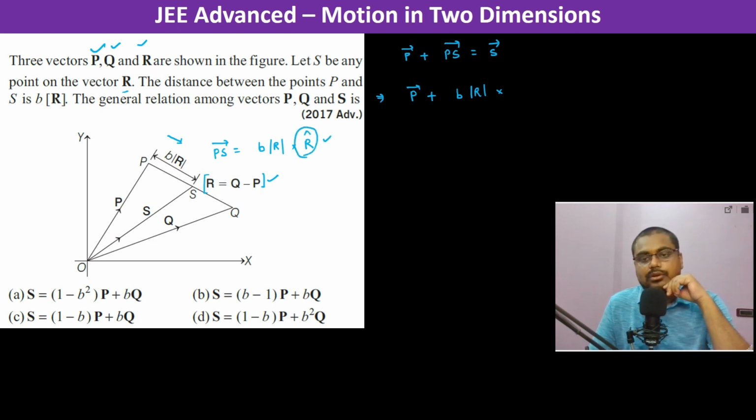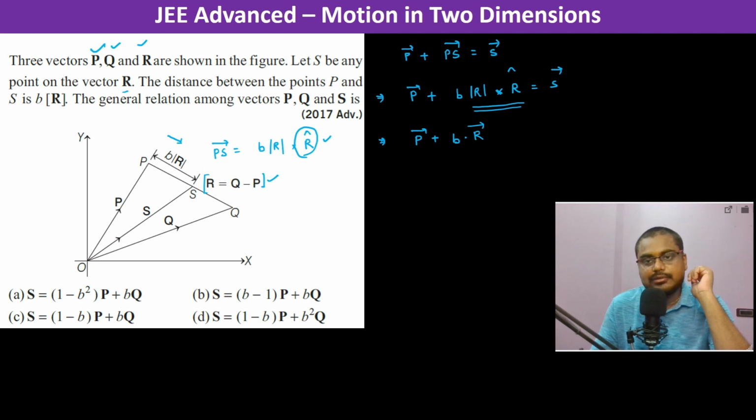Okay, so now B S into R cap, which is a unit vector in R direction. So therefore this becomes P vector plus, now if you see R vector into mod R, so this is going to be R vector itself, because R cap is equal to R vector by mod R. So therefore this becomes P plus B R vector, which is equal to S vector.